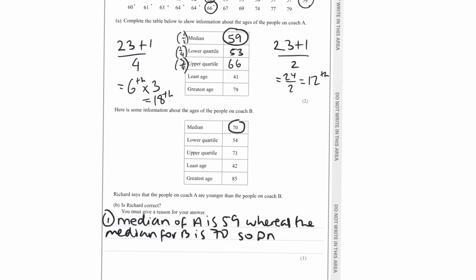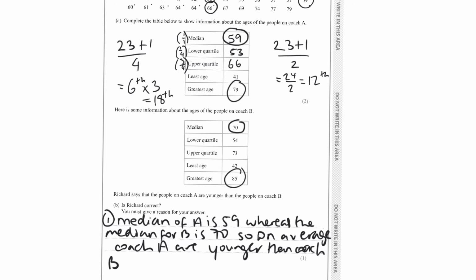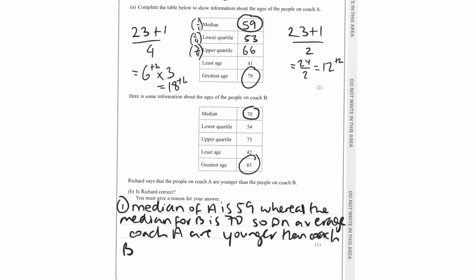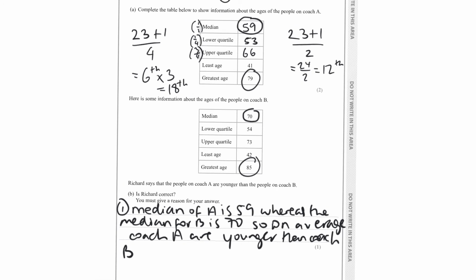So on average, Coach A are younger than Coach B. Coach, not couch, B. Another point you could have said is because the greatest age of Coach A is smaller than the greatest age of Coach B. As long as you find something from the table to compare to back your point, that's what they're looking for.